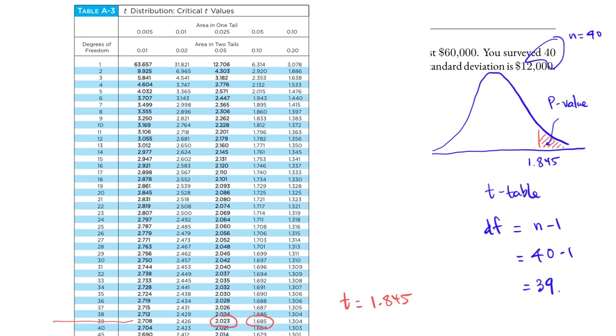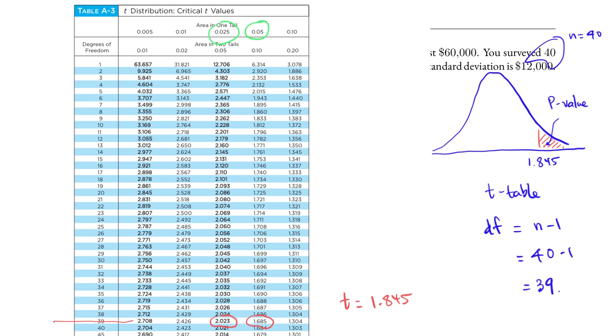The corresponding p-value to the t-value 2.023 for the one-tailed test is 0.025, and the corresponding p-value for t equals 1.685 for the one-tail is 0.05.